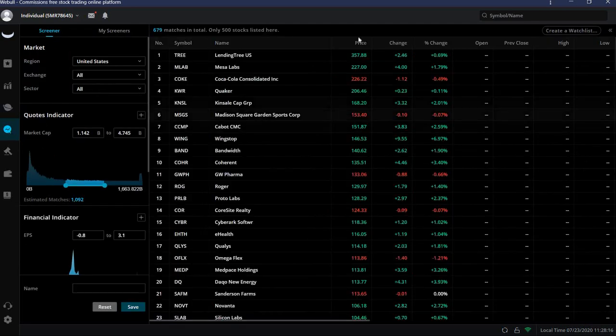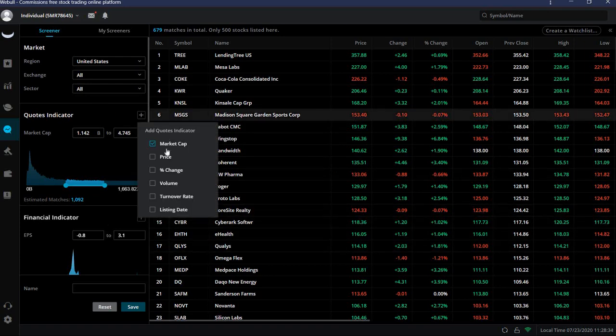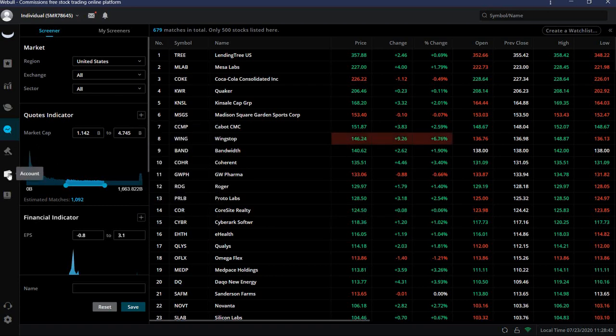And then WEBULL has a screener where you can make your own custom screener to pinpoint stocks of your liking around market cap and all the different price, percentage change, volume. You can narrow stuff down to whatever custom settings you want. And then WEBULL has paper trading, which Robinhood does not.